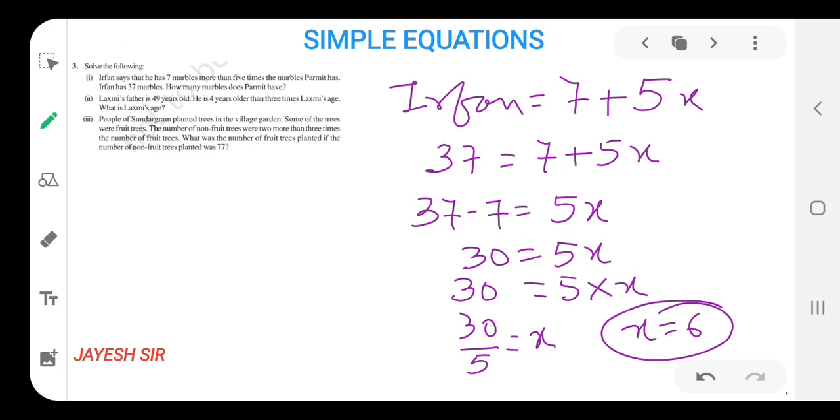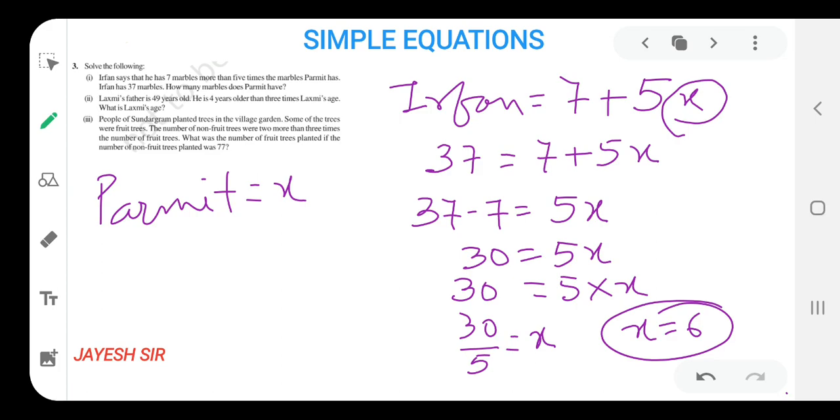So how many marbles does Parmeet have? Parmeet has 6 marbles, because we have taken the value of Parmeet as x. Parmeet has x marbles. How we have taken it: in the question it is said 5 times the marbles Parmeet has, so 5 times x. I hope you all might be getting it. Again I am explaining. Let us assume that Parmeet has x marbles.